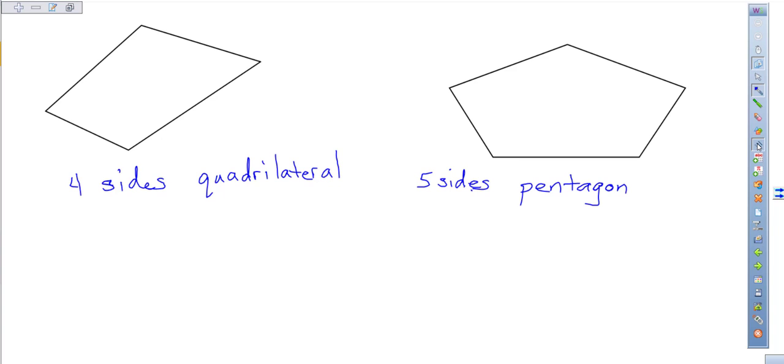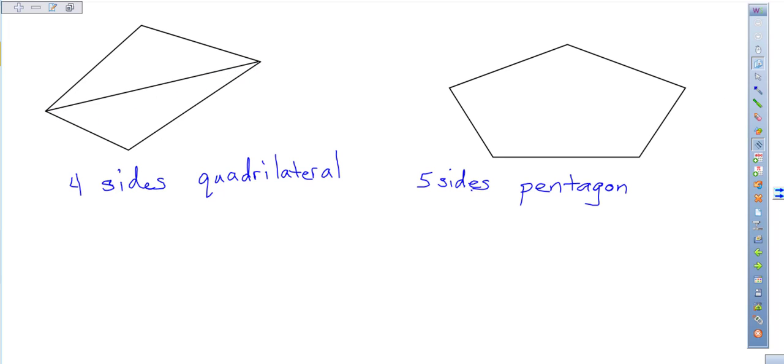Again, if I put in a diagonal for these, I can see how many triangles it makes, and I can find the sum of all of the angles of the quadrilateral. If I pick any vertex, any corner, and draw in my diagonals, in this one I can only get the one diagonal.